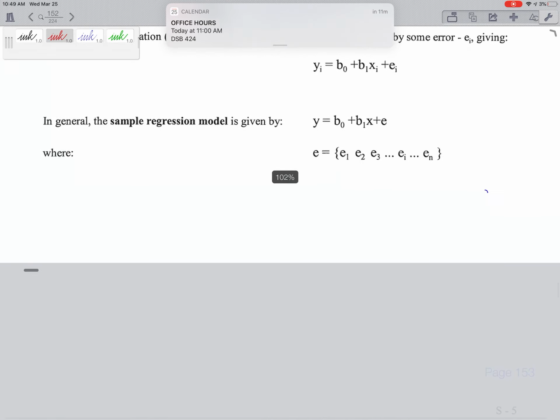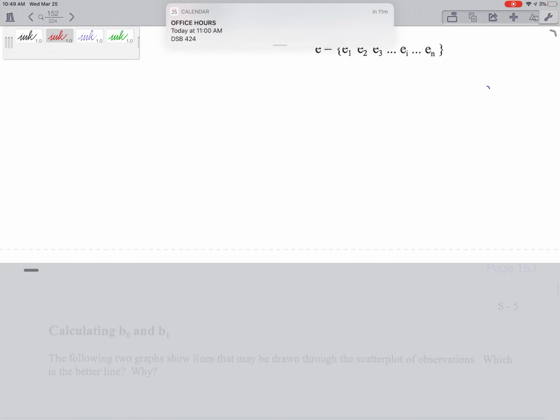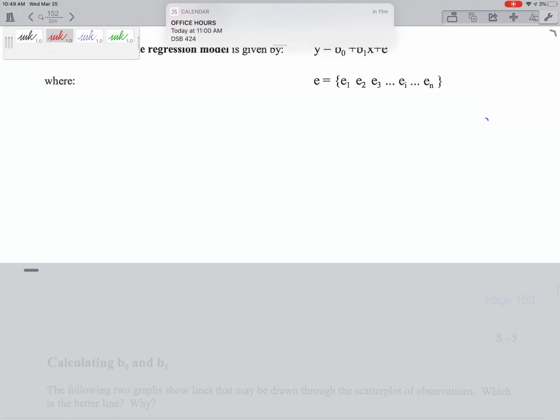But, and this is just continuing on with what we had before, for any given house, let's take a look at that picture again. So here's x and here's y, and here's your regression line here, sample regression line. So here are the y hat values.